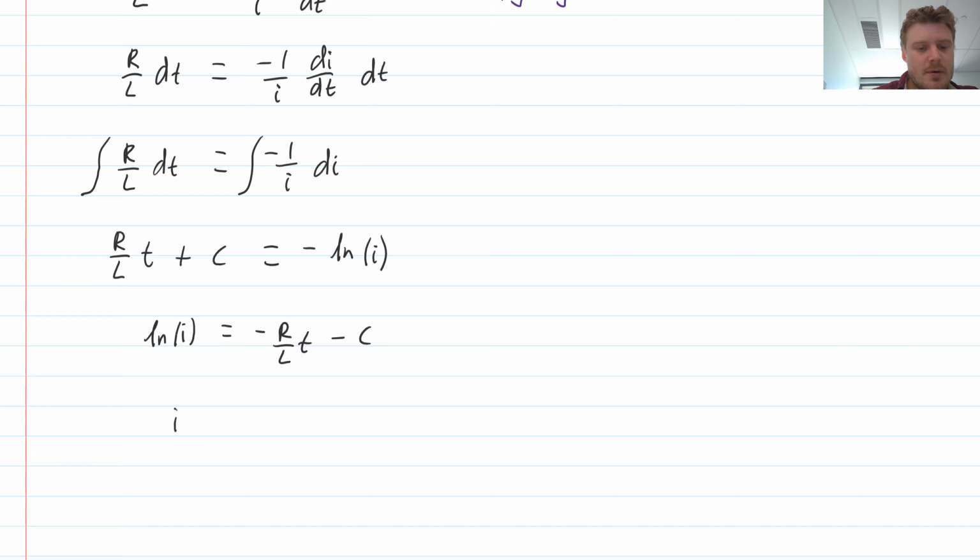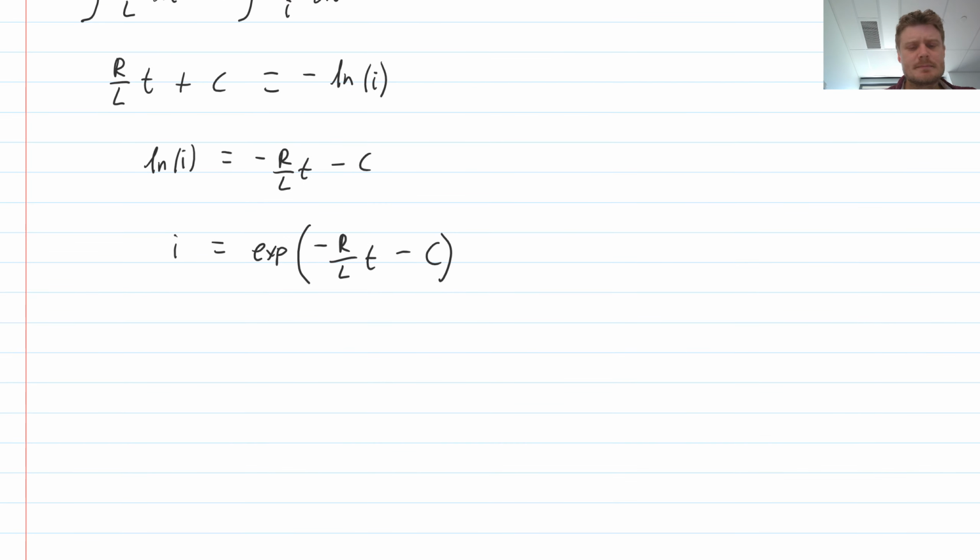And therefore my current expression I, taking the exponential of both sides, is going to be e to the negative r over L t minus c. If you know your rules for exponentials, then you can simplify a little bit here, just split off this e to the minus c term.